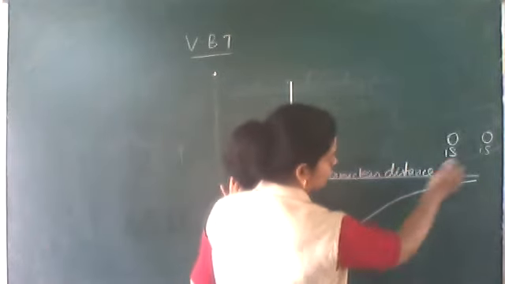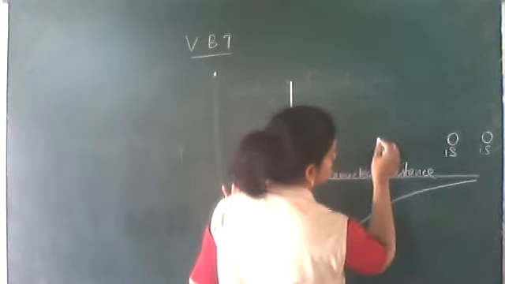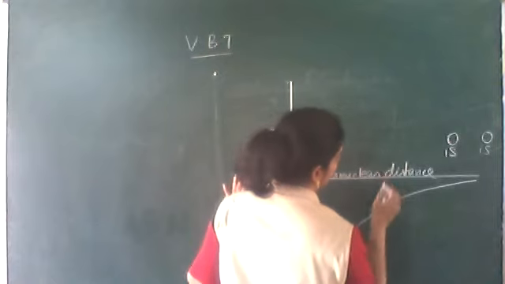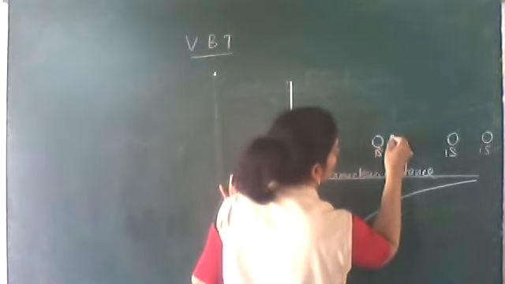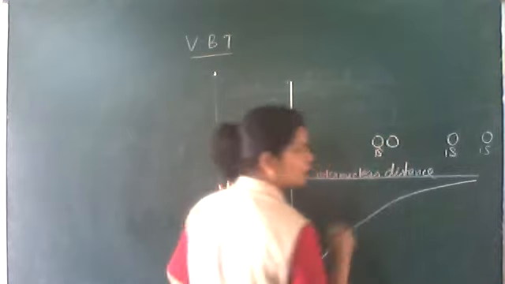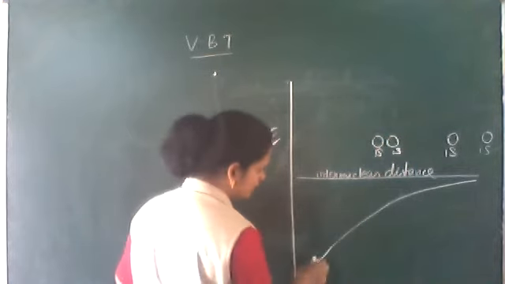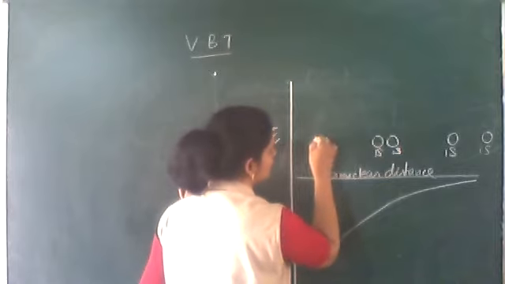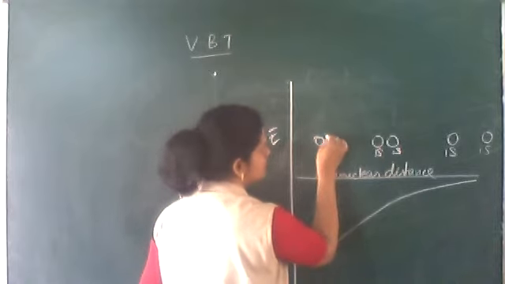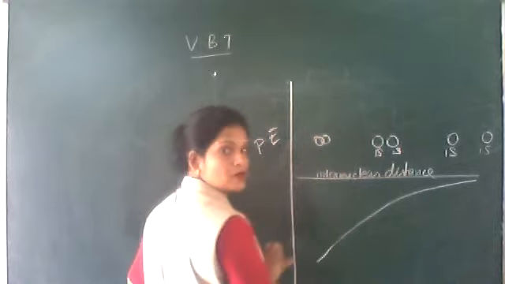In the beginning, it was like this, 1s orbital and 1s orbital. Here, the 1s orbital and 1s orbital are very close to each other. When they reach here, the 1s orbital merges with the 1s orbital of the other.